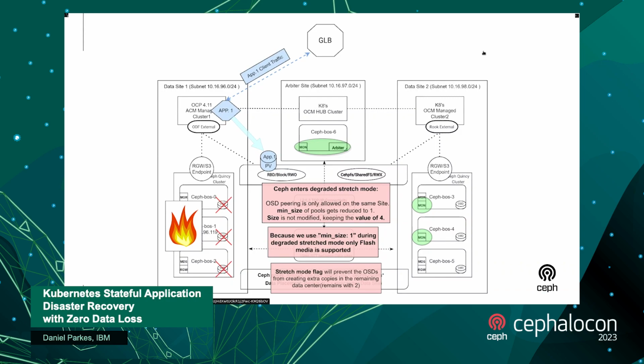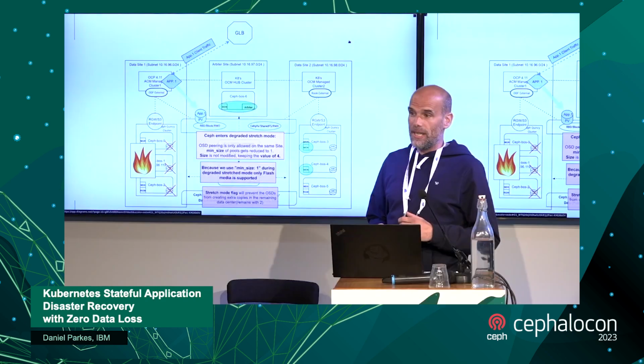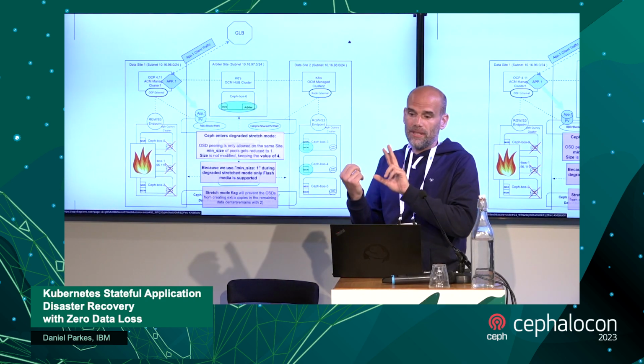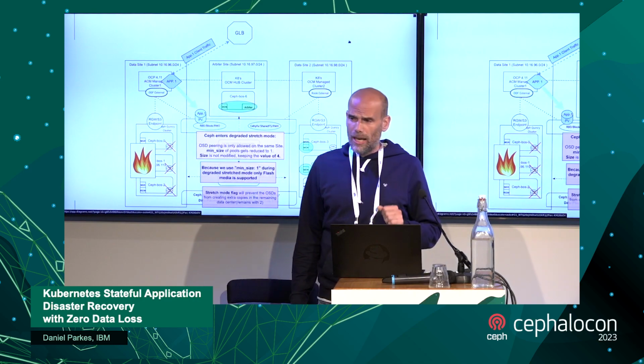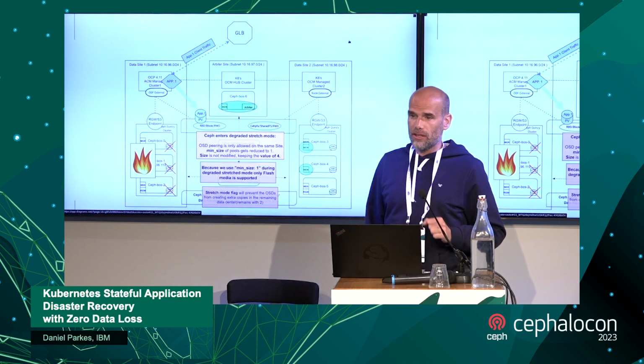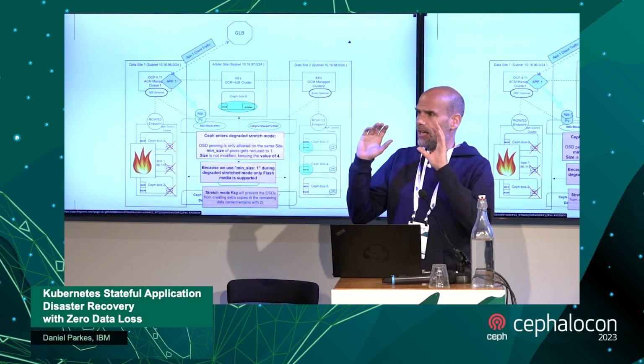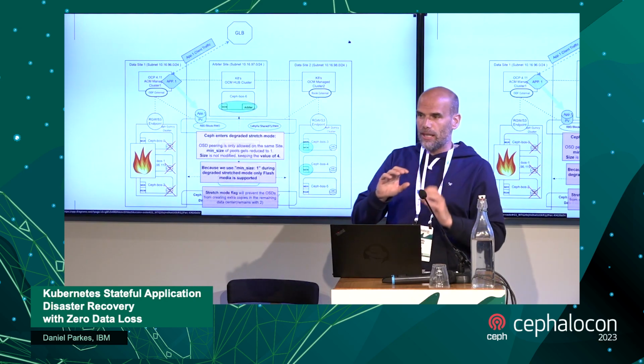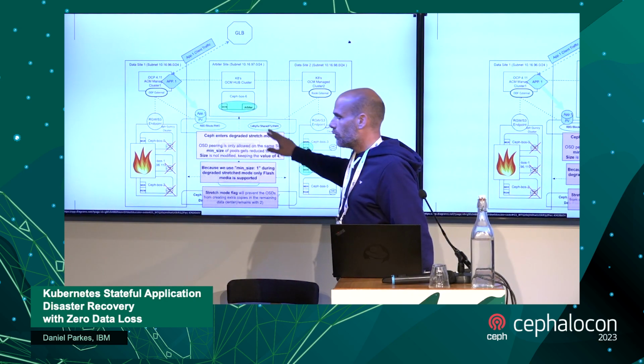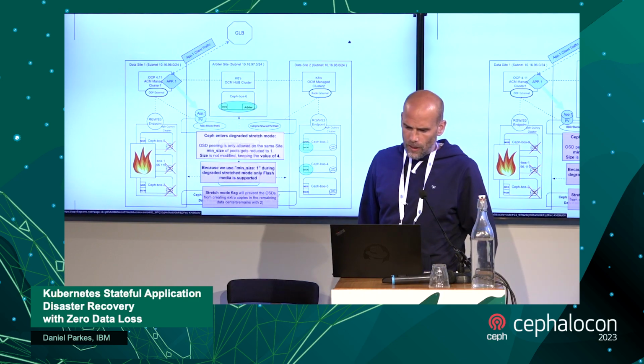We do that because min size is the minimum number of available copies we need to do reads and writes. Because we are going to remain with only one site, we want to have replica 2 and min size 1. That happens automatically for us, without any manual intervention. As soon as Ceph detects that it's in degraded mode, it will do these changes for us in all of the pools.